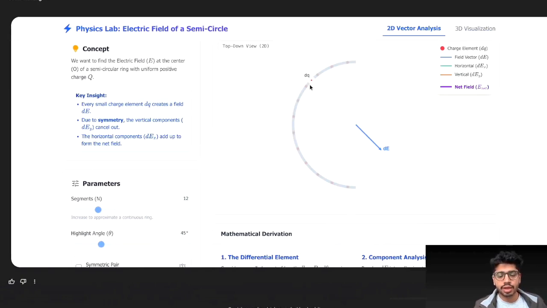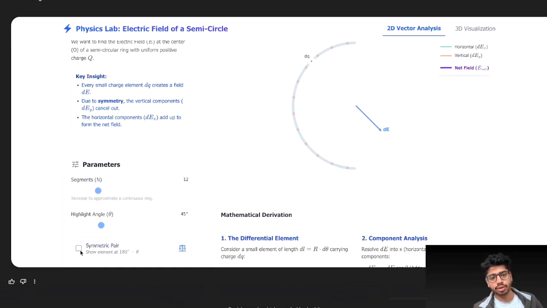And to represent that, I have this ring, and this is the dE element that I had taken over there. And this is the dQ element. Due to this one, there is an electric field in this direction that we represented. If I take another dQ element, similarly, this is dE dash.